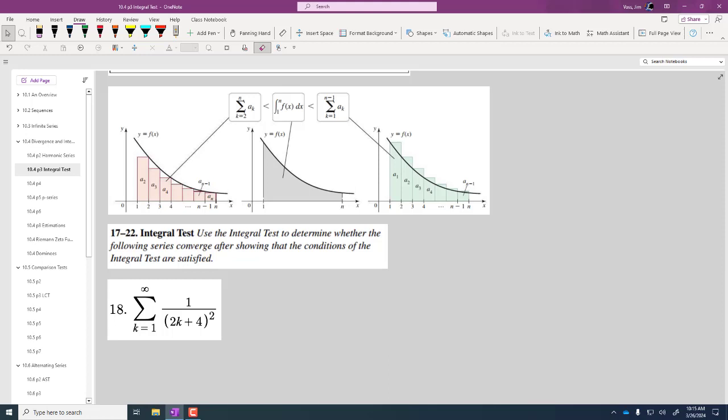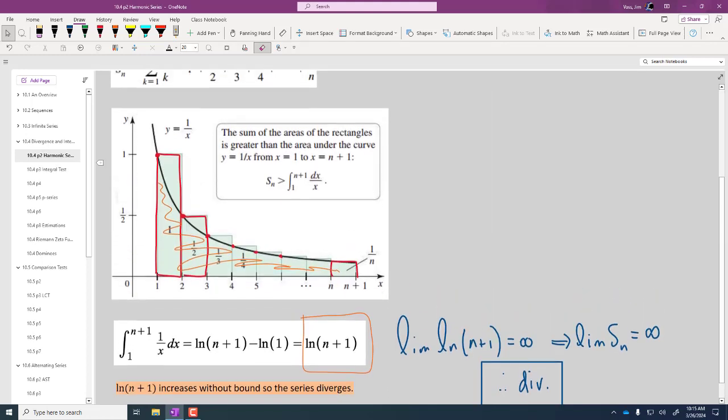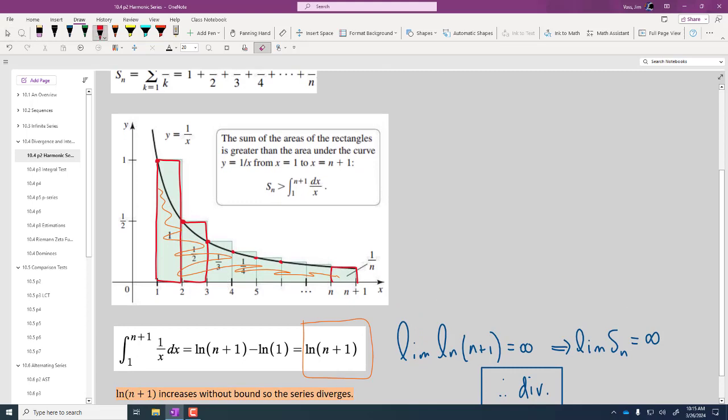This is counting terms a sub 2 through a sub n, that's n minus 1 terms, and this is counting the terms a sub 1 through a sub n minus 1. So this one is just chopping off the first term. And whenever you do these rectangle things, remember that you can always look on either side, right? If your height is 1, if you wanted to, you could visualize it this way if it's more useful.